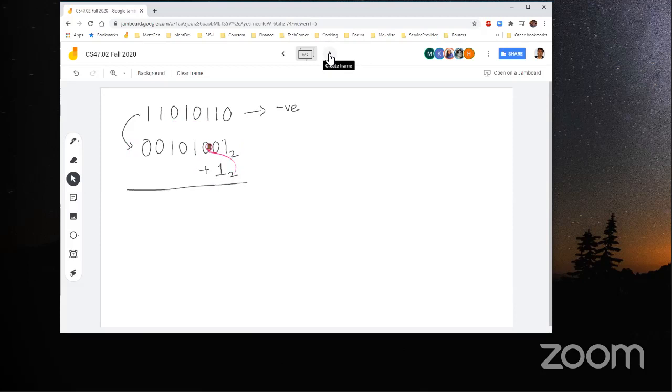So 1 plus 1 is 1 0. This 0 is this, and 0 1 0 1 0 0, which is basically what? This is like 2, 4, 8, 16, this is 32.